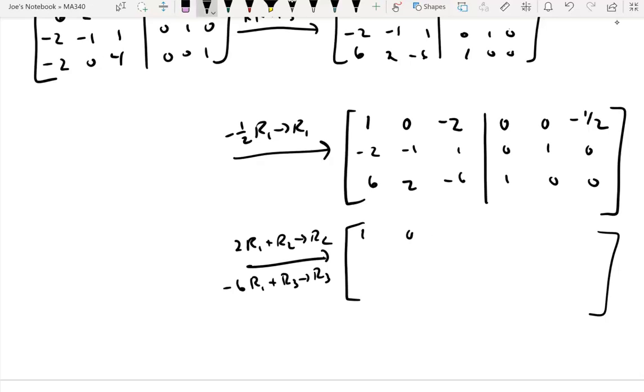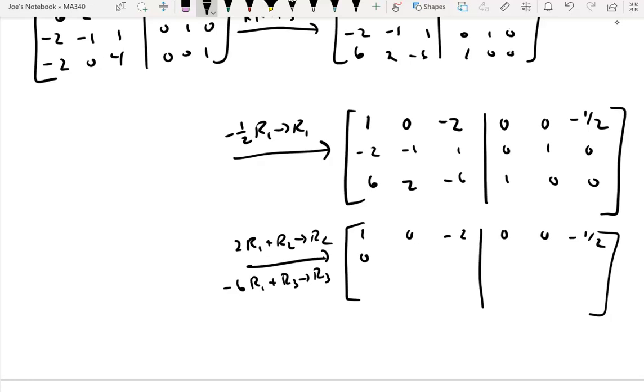Oops. So again, since we're working off of row 1, that doesn't change row 1, so I just rewrote it. We go through our arithmetic for the next one.